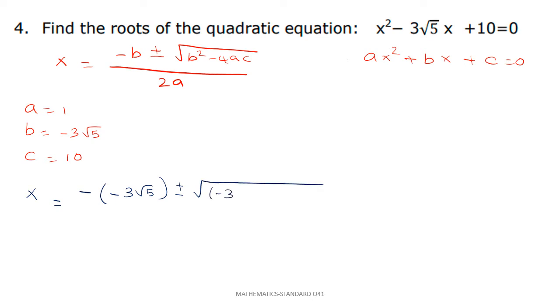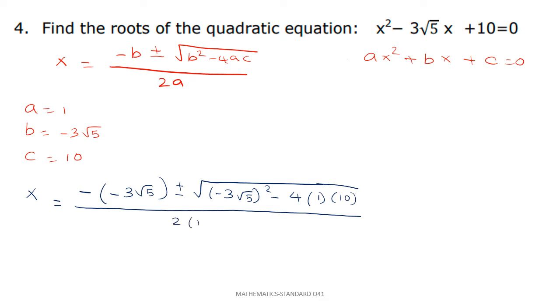B is minus 3 root 5, the whole square, minus 4 into c, the whole thing divided by 2, a is 1. So now carefully you have to deal with the signs. Minus into minus will give you plus. So 3 root 5 plus or minus.